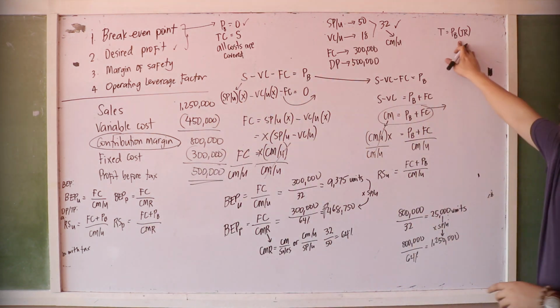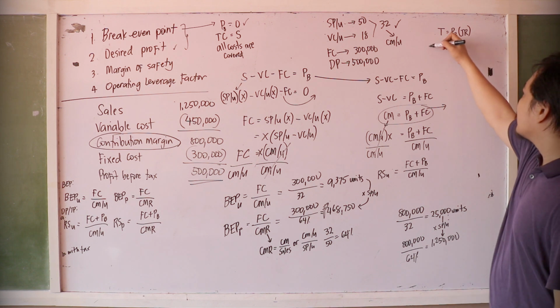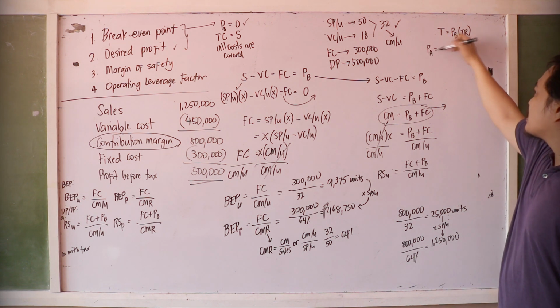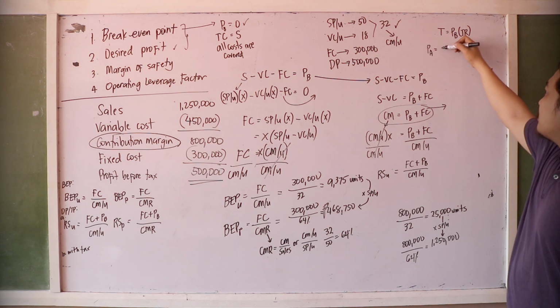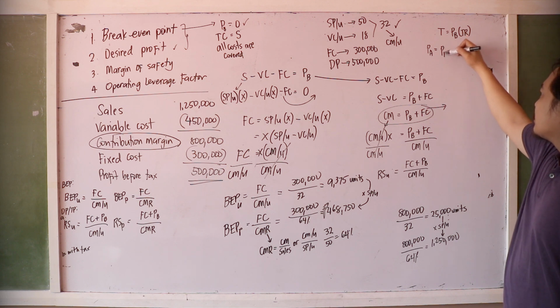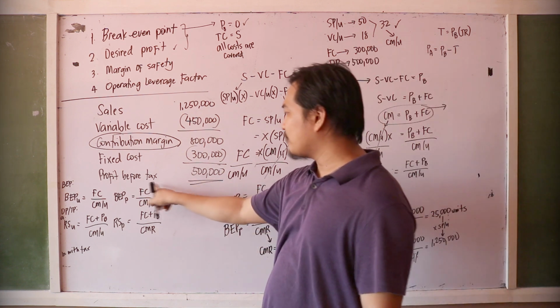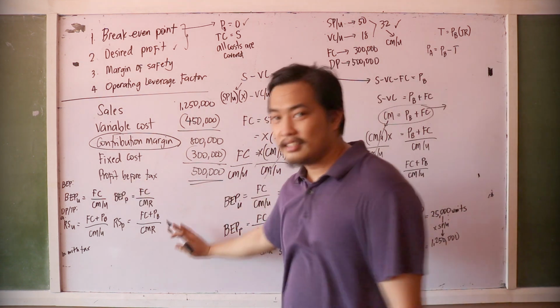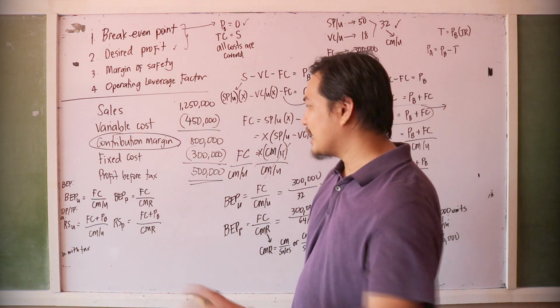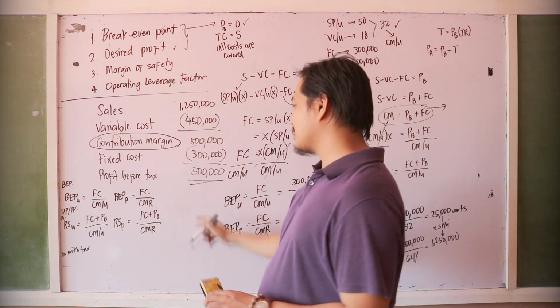So, ayan siya. Next, yung ating profit after tax is computed by subtracting taxes from your profit before tax. So kung itutuloy natin itong profit after tax, less taxes, ayan na siya. Makukuha natin yung profit after tax.